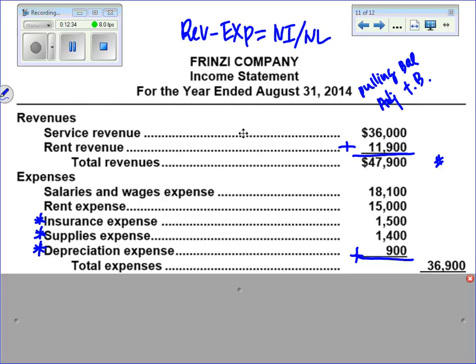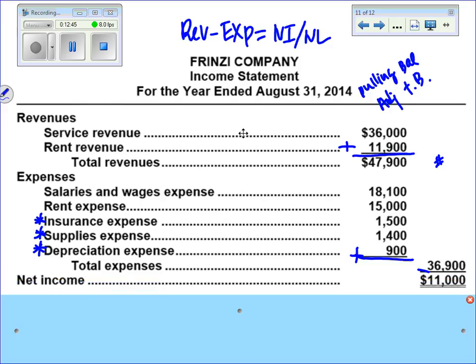So 47,900 minus 36,900 is a net income of $11,000. At that point, you'll see the double rule, simply because we're done with all of our math. And I know the double rules are kind of hard to show up on all of the deep lines that they put on their workbook pages.